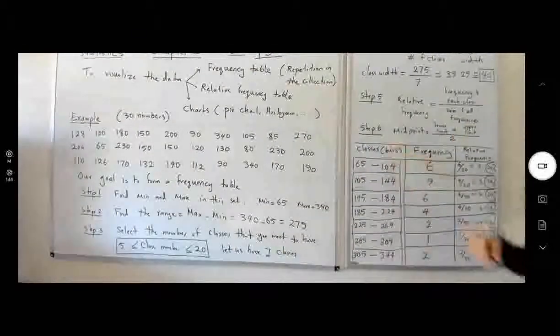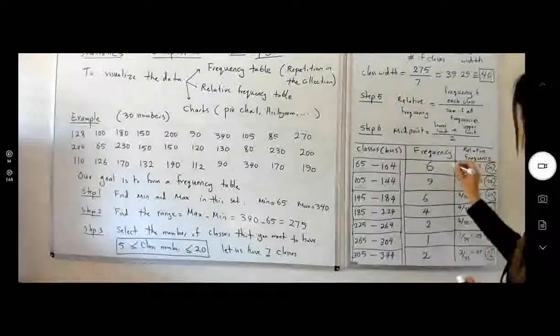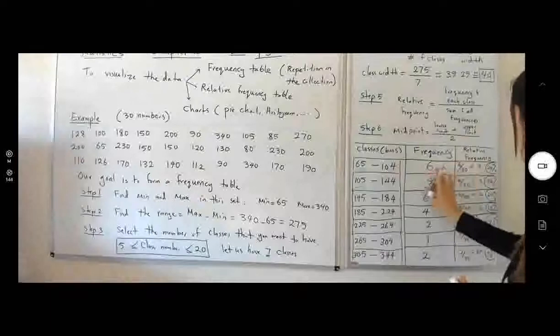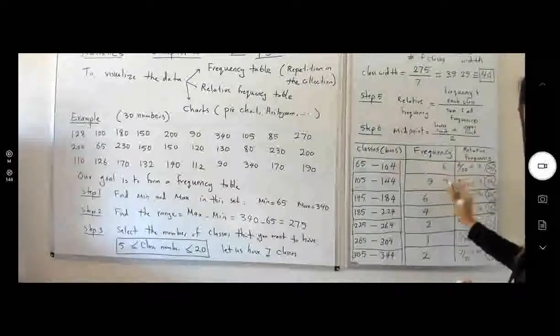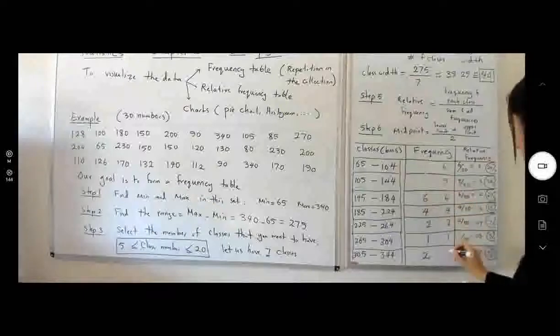So, for example, the midpoint for the first class. Let me erase these frequencies and add the midpoint here for you. Frequency here, 6, 9, 6, 4, 2, 1, 2.